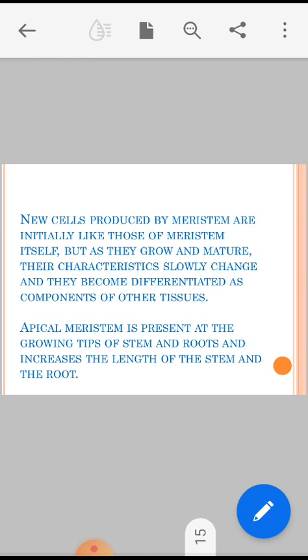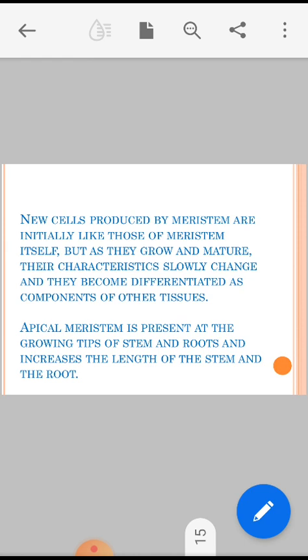New cells that are produced by meristem are initially like those of meristem itself. जो नए मेरिस्टम सेल्स होते हैं वो जो पुराने वाले मेरिस्टम सेल्स होते हैं उनके जैसे ही होते हैं, but as they grow and mature, their characteristics slowly change and they become differentiated as components of other tissues. Now what happens?